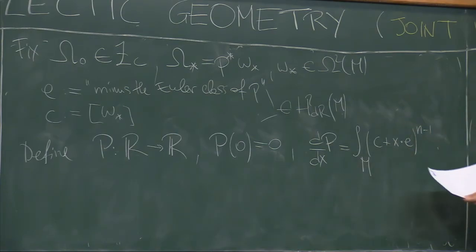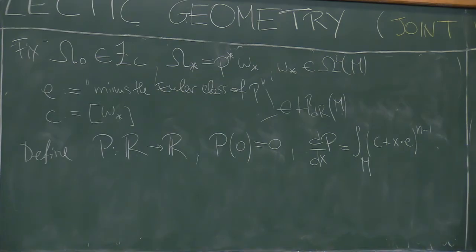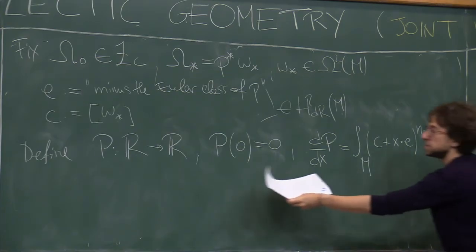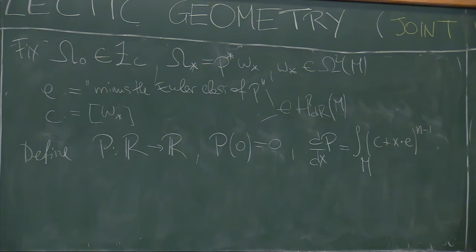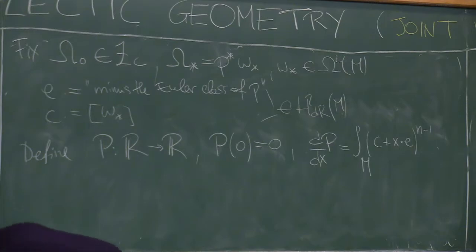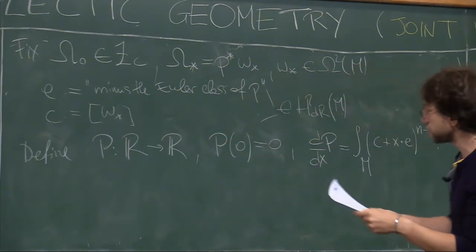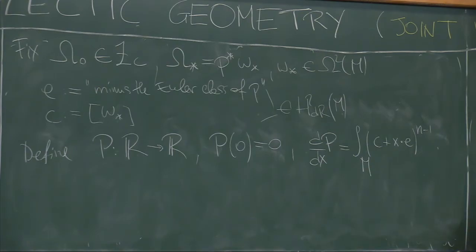So here for every X, a real number, I have this class in the two-dimensional cohomology, and then I just integrate its n minus 1 power. And this gives me this polynomial. In some sense, this gives me this relation between volume and action.